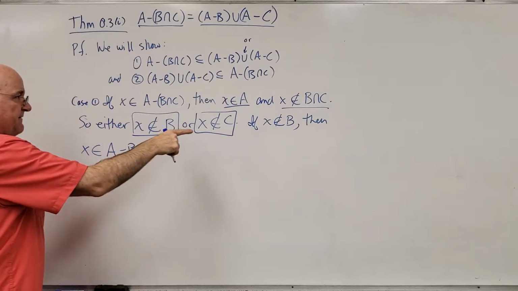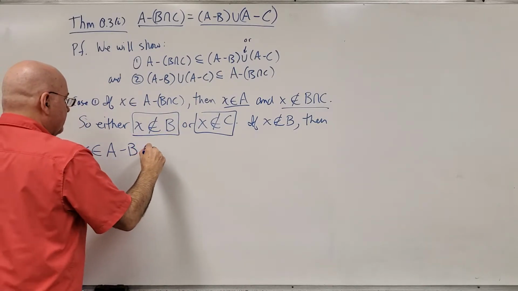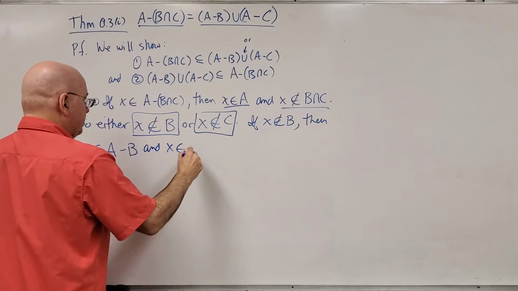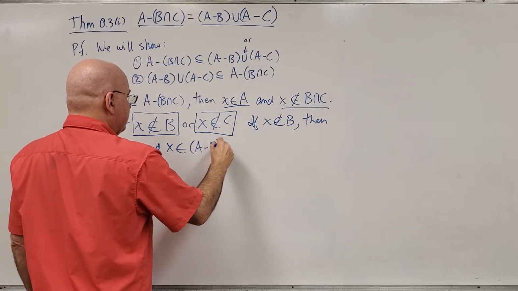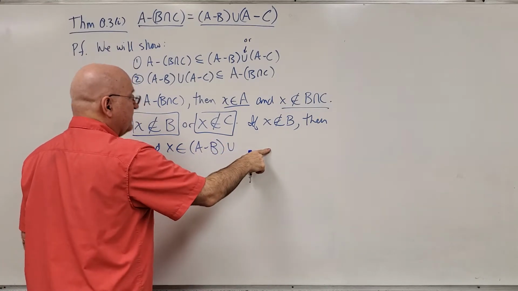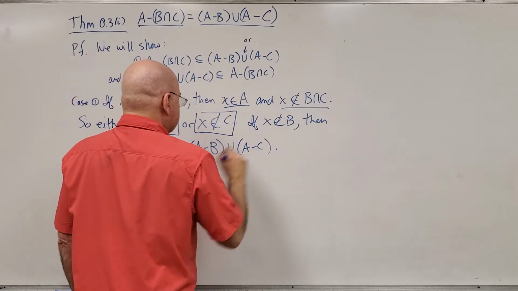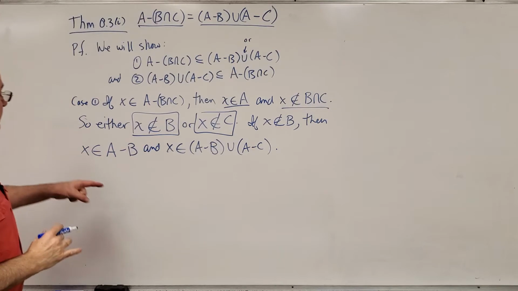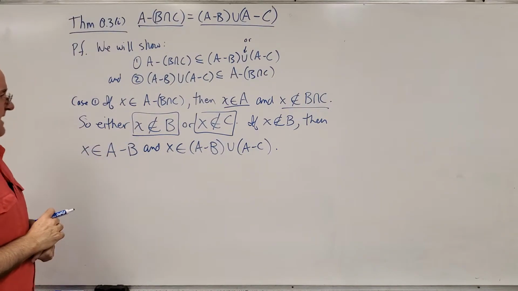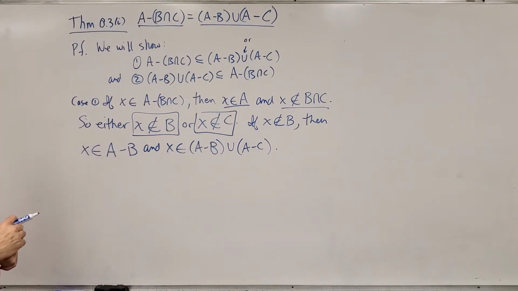So I can just say if x is not in B, then x is in A minus B, and I can put anything I want here, but for this proof I need it to be A minus C. That's the end of our little subcase.